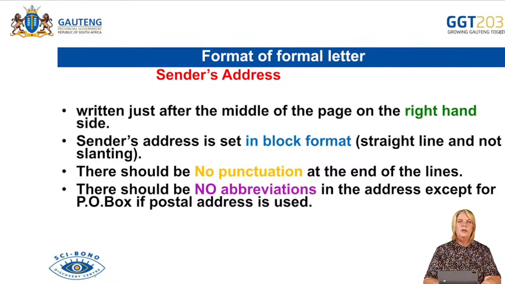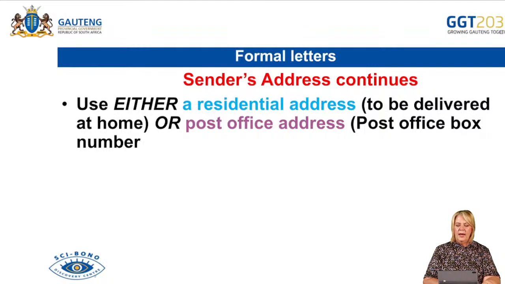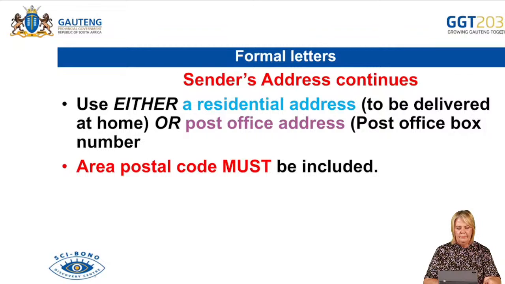There should also be no abbreviations, same as with the informal letter, except for the PO box if the postal address is used. Use either a residential or a postal address, not both. The area postal code must be included.